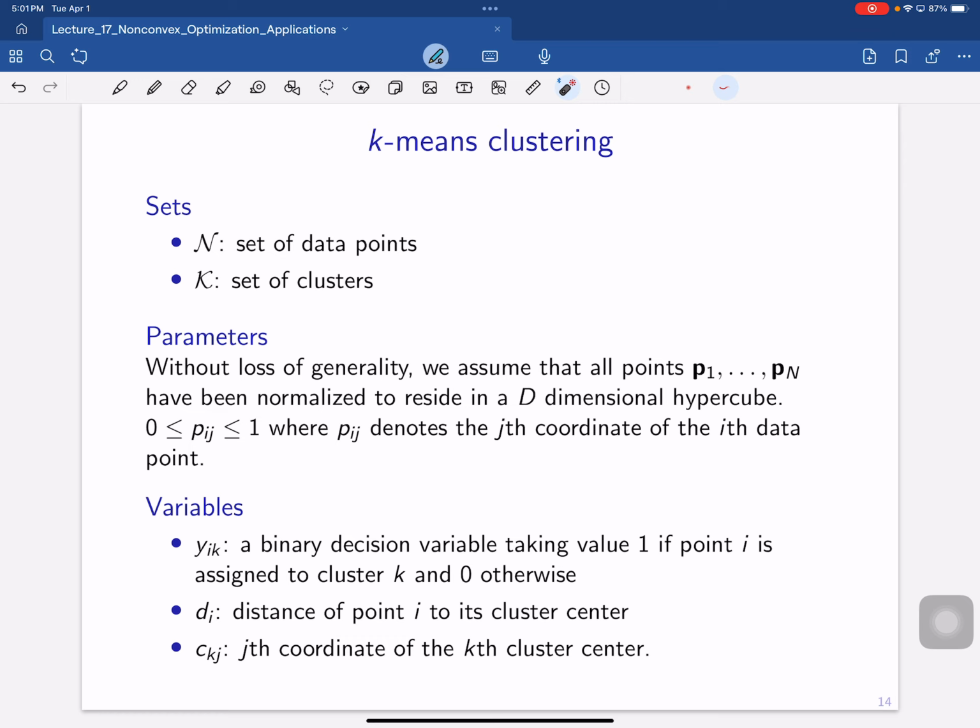Then we have a binary variable y_ik to decide: it takes value 1 if point i is assigned to cluster k and 0 otherwise. And d_i is the distance of point i to its cluster center. Then you can use a continuous variable c_kj to represent the j-th coordinate of the k-th cluster center. This can be changed arbitrarily and can take any continuous value.